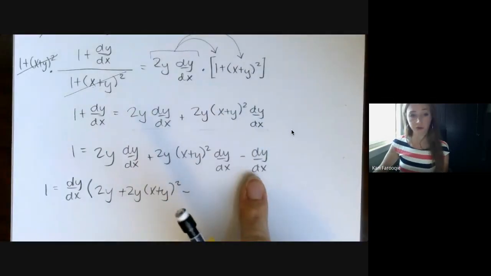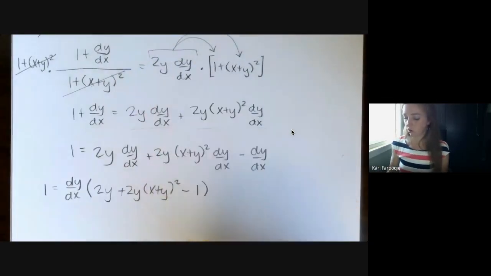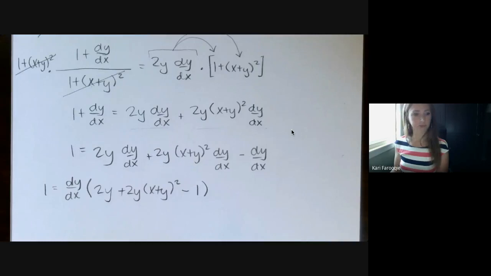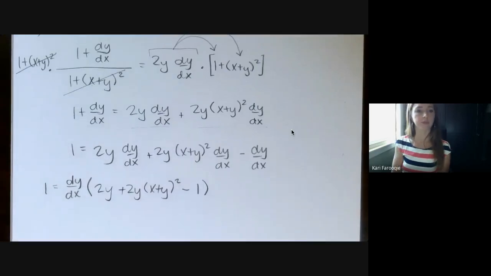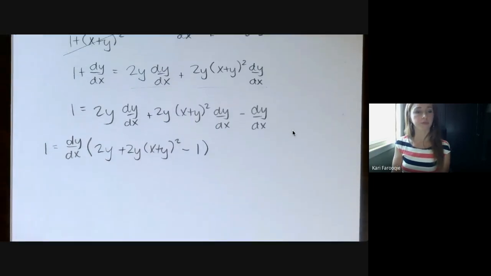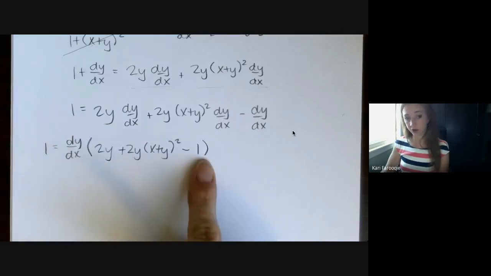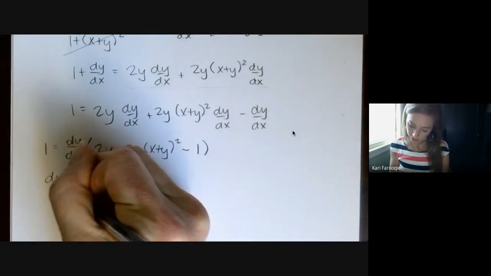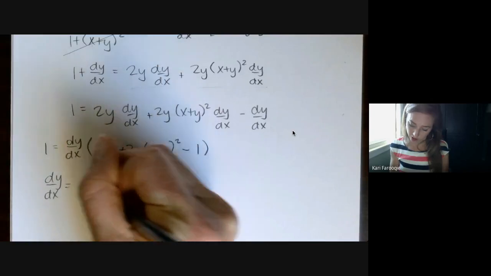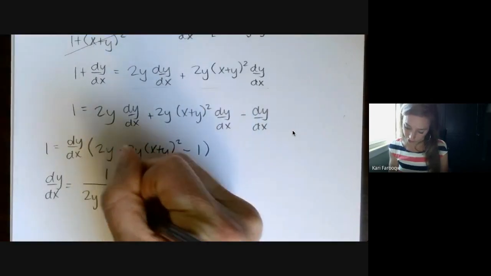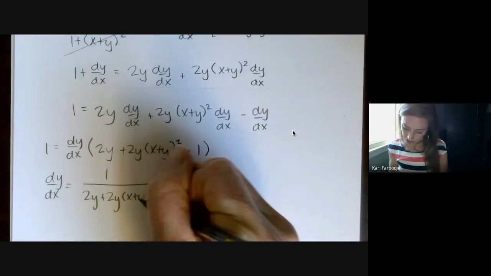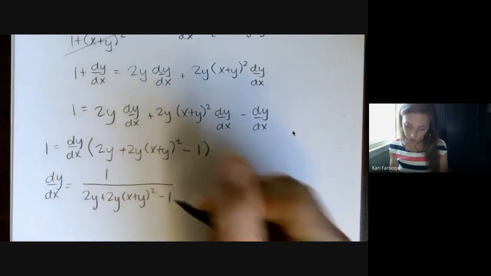Don't forget you still have a minus 1 here in the last term. Now to solve for dy/dx, I'm just going to divide both sides by this factor. So we'll have dy/dx equals 1 divided by 2y plus 2y times (x plus y) quantity squared minus 1.